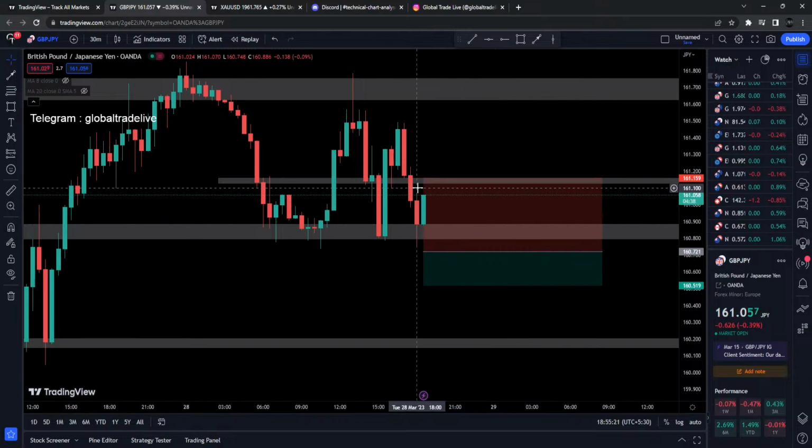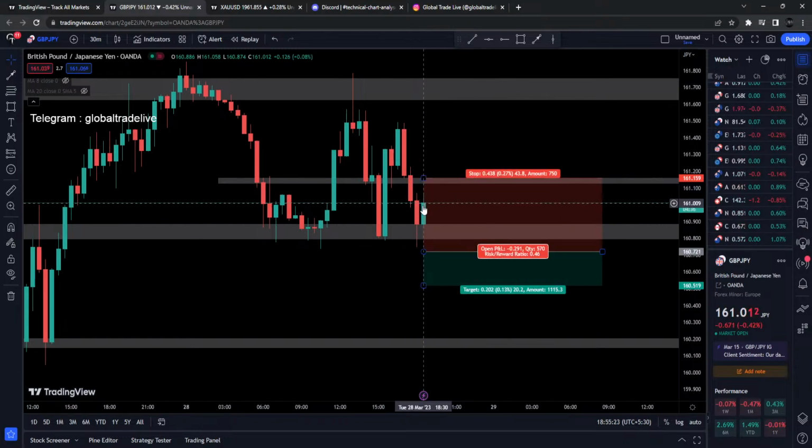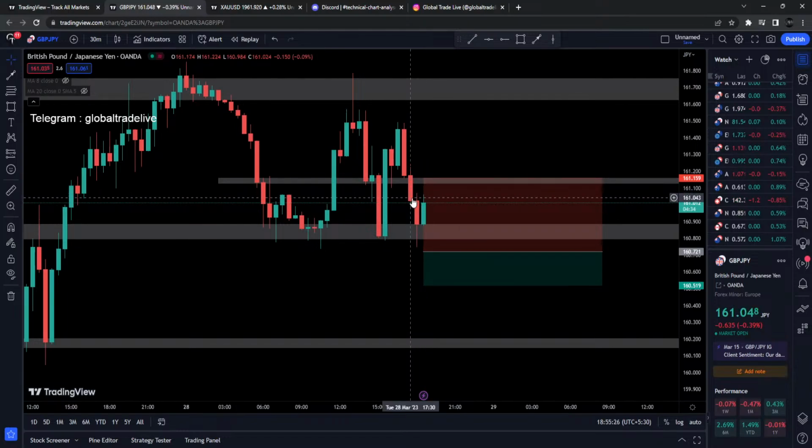Looks like the 30-minute candle can close as a strong bullish candle because it's now moving up. So we have 4 minutes left, and after 4 minutes there will be the NYSE open.